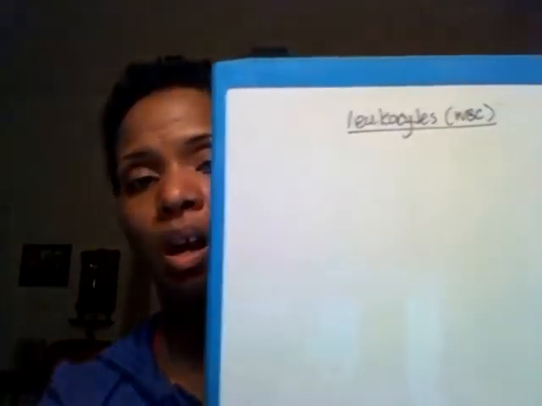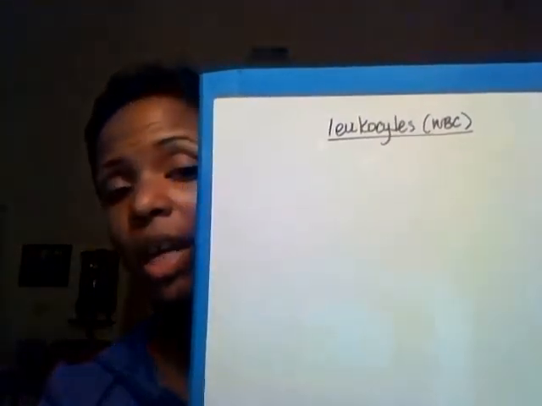These are the leukocytes. Now, before I write on the sheet, I'm going to write on my whiteboard because I need to say a little something about the white blood cells. White blood cells, known as leukocytes, are actually categorized into two different categories.